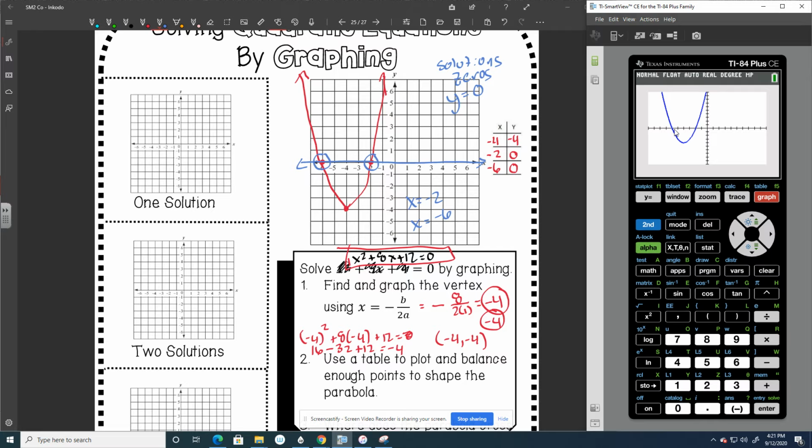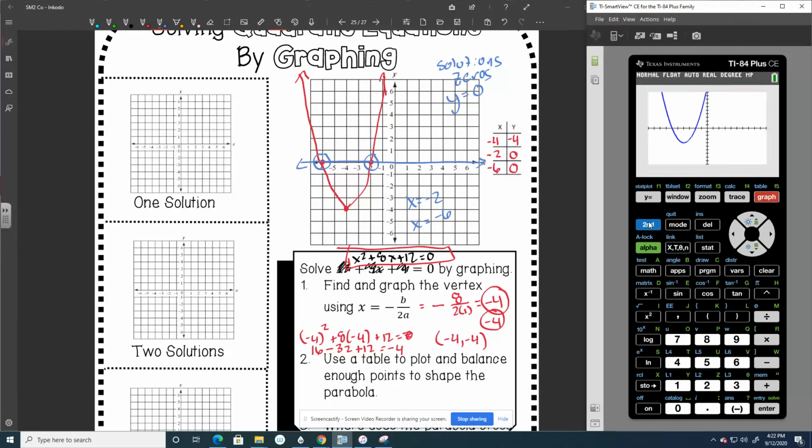Looking at this, it's pretty easy to see that that's at negative 2 and at negative 6. But if it's not that easy to see, I can actually hit second, calculate, and I want to calculate my zeros. Remember, zeros is another word for solution. So I want to calculate my zeros, and I think I accidentally hit the button twice. So let's try this again.